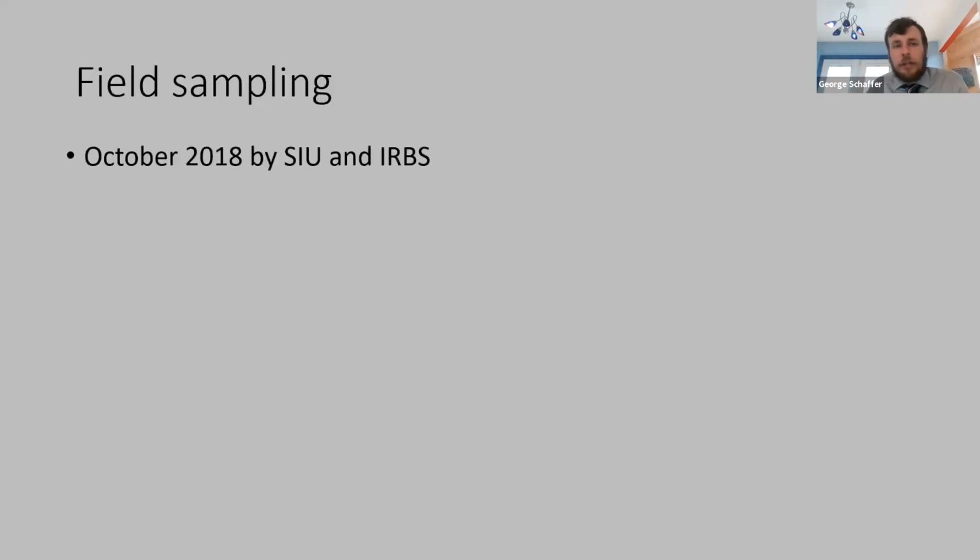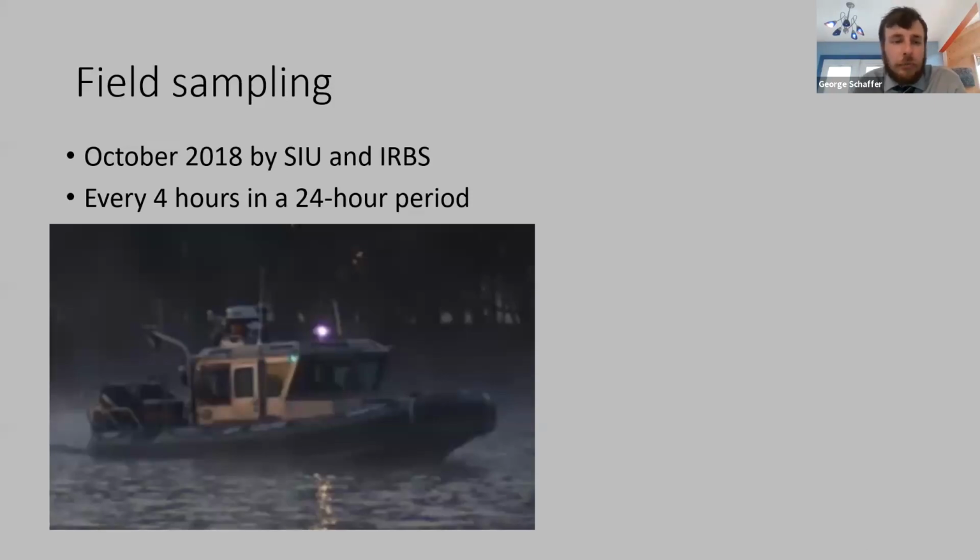So field sampling occurred in October 2018 by SIU and the Illinois River Biological Station, and sampling occurred every 4 hours within a 24-hour period. We sampled fish density using mobile hydroacoustic survey through a transect that encompassed all 3 zooplankton sites. The downside to hydroacoustic surveys is that you cannot determine species composition from your hydroacoustic data.